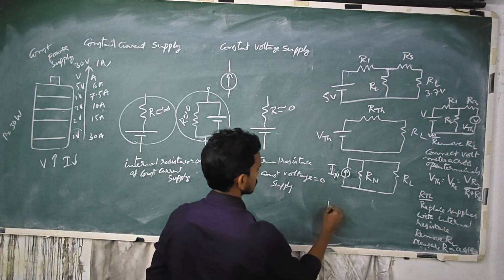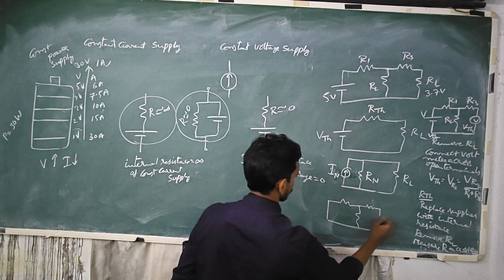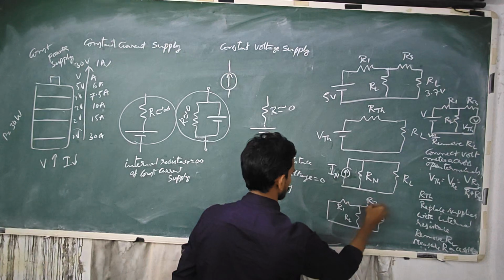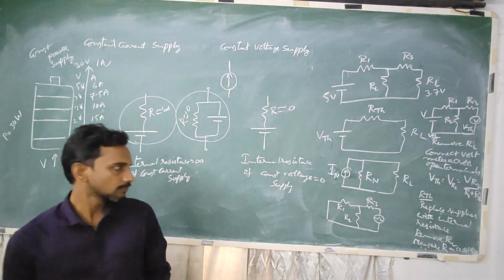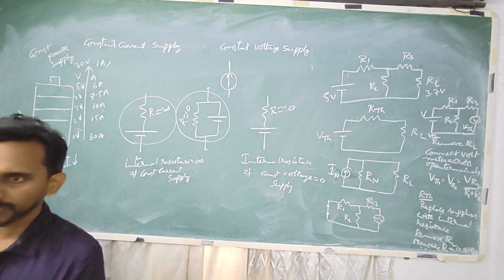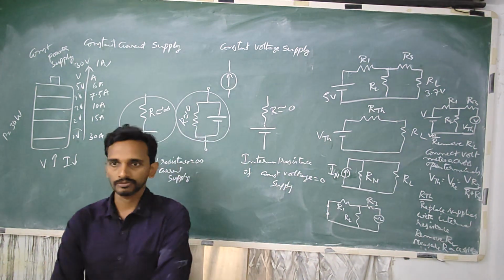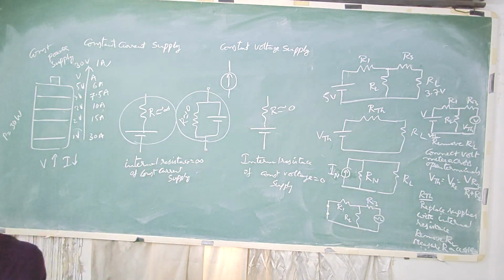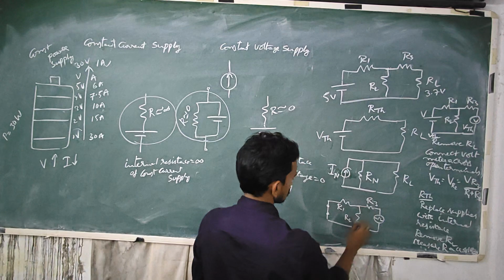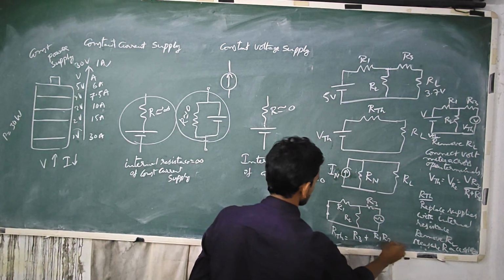The internal resistance of a voltage source is 0, so I am replacing it with a wire. So now if you measure the resistance from here, RTH is R3 plus R1 R2 by R1 plus R2.